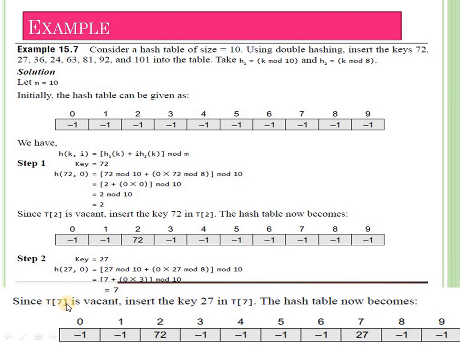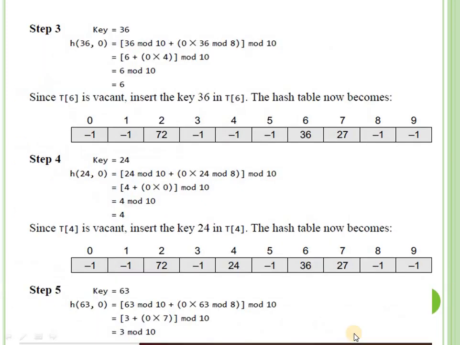We have to check T of 7. Here T of 7 is -1, so it is vacant. So we store this 27 at the location T of 7. Here we are storing that 27.